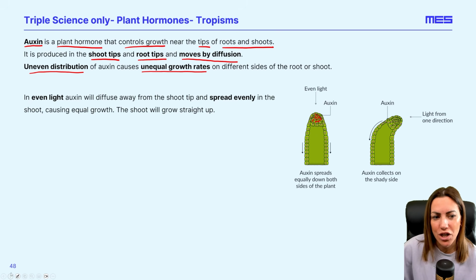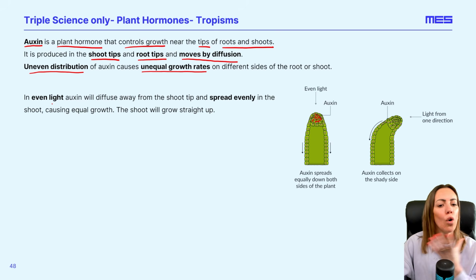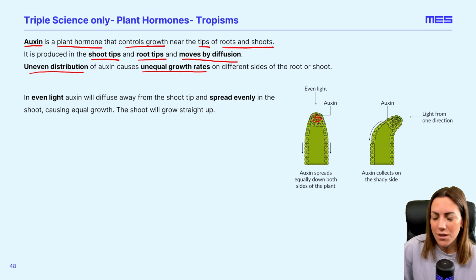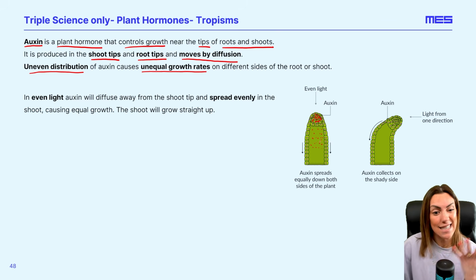So let's have a look at a couple of different scenarios. I want you to imagine you've got a shoot growing in even light, so equal light from all around. The auxin, the plant hormone, which is produced in the shoot tip, will start to diffuse from high to low concentration, and it will spread out evenly in the shoot because the light is equal.